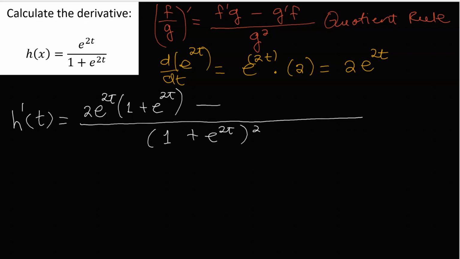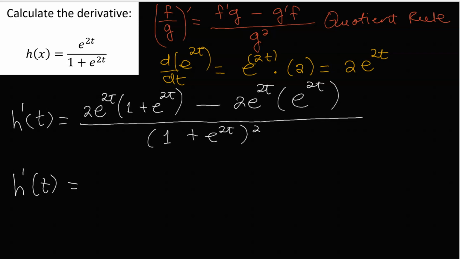The derivative of e to the 2t is 2e to the 2t, multiplied by the first function, which is e to the 2t. And that is how we apply the quotient rule, right?